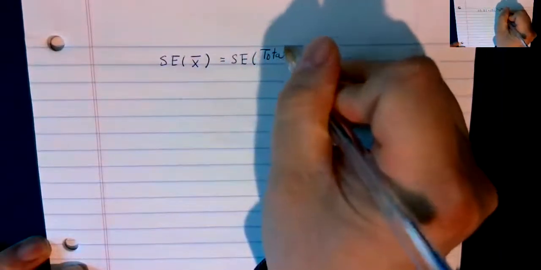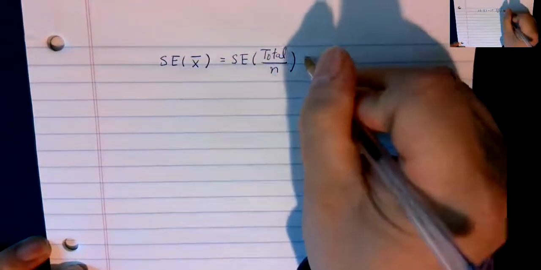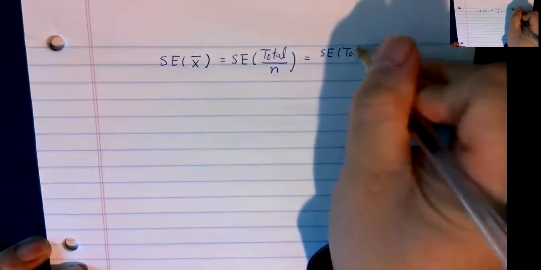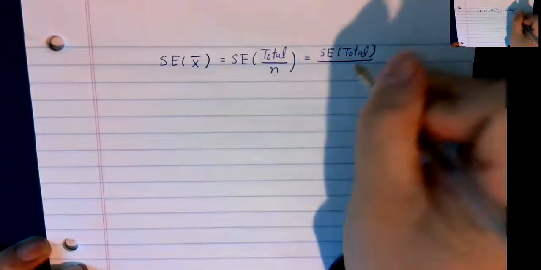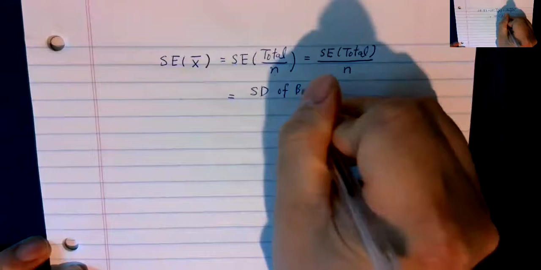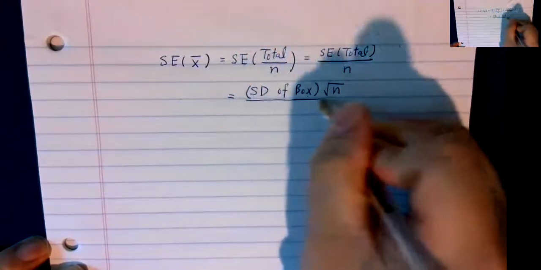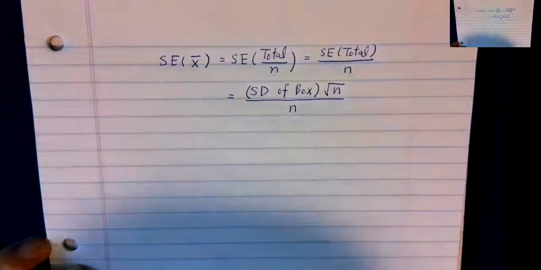What is SE X bar? The standard error of the sample average. This is SE of the sample total divided by N, which is SE of the total divided by N. And what's SE total? The formula is the standard deviation of the box times square root N, the number of draws, divided by N. Should I stop here?